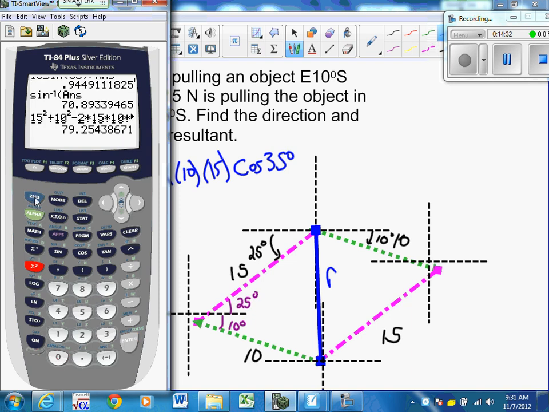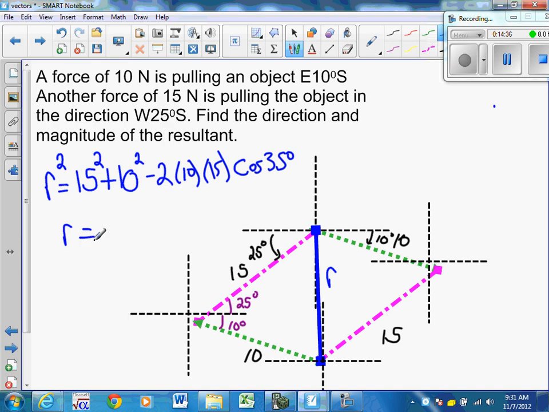Take the square root. 8.902. So there's my force in newtons. My magnitude. And now you find the direction.